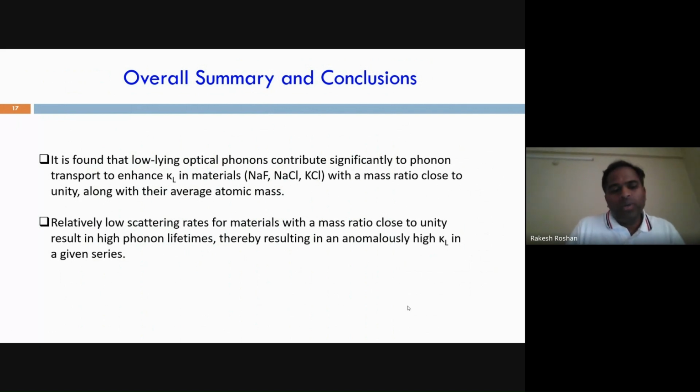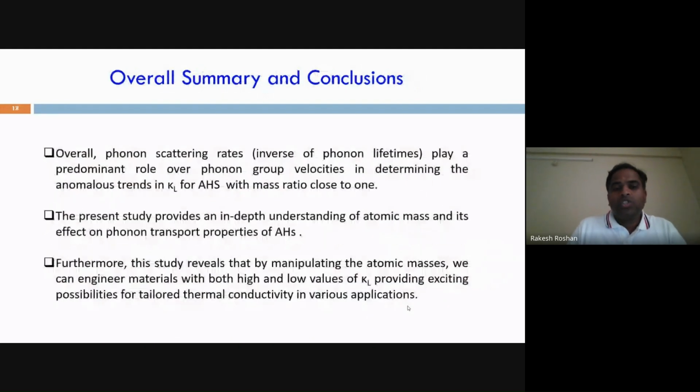So relatively lower scattering rates for materials with a mass ratio close to unity result in high phonon lifetimes, and thereby that results in an enormously high KL in any given series. So overall, the phonon scattering rates, which is nothing but the inverse of phonon lifetime, play a predominant role over the phonon group velocities in determining the trends in KL for alkali halides with mass ratio close to 1.